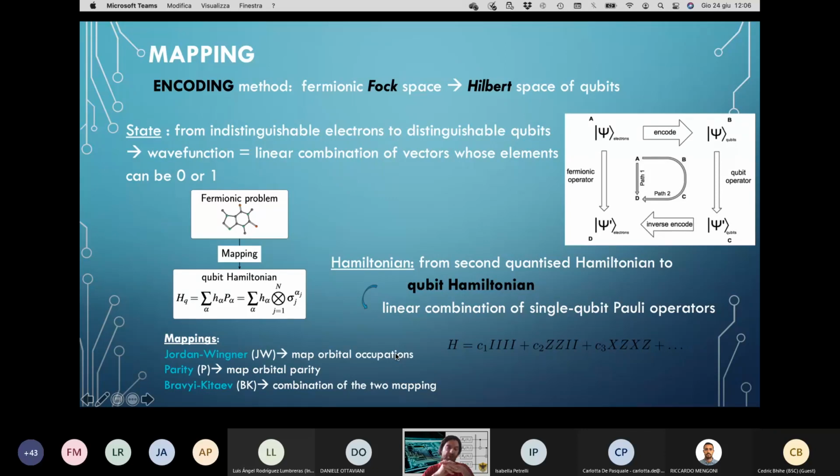So when you have a determinant which is formed by the first, I don't know, 10 orbitals, then this mapping will set a value of 1 in the first 10 qubits and a value of 0 in the other qubits.